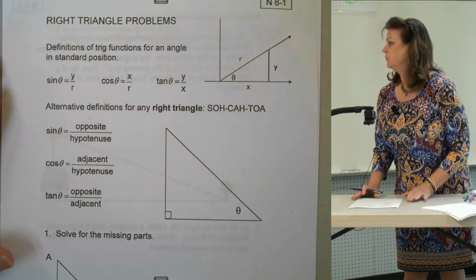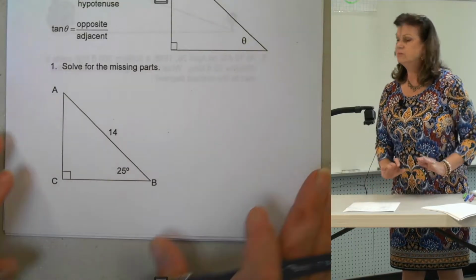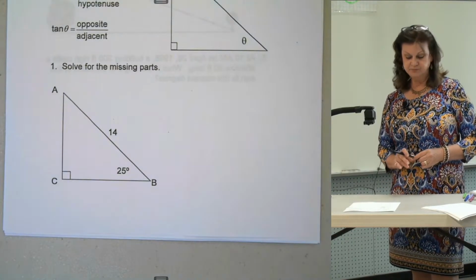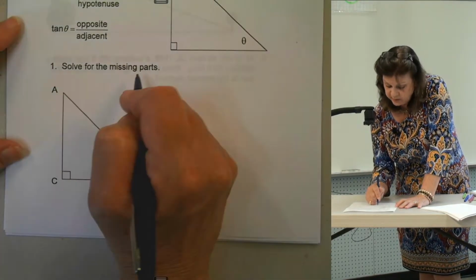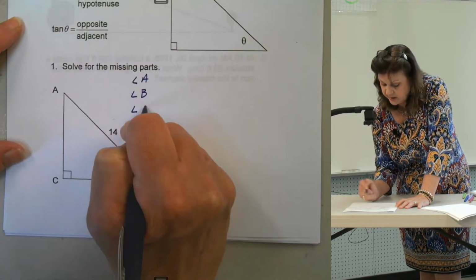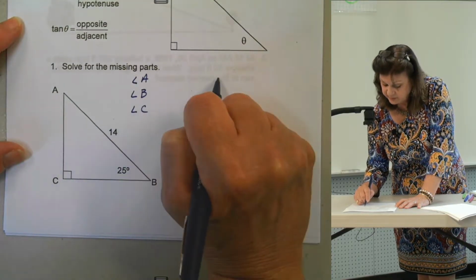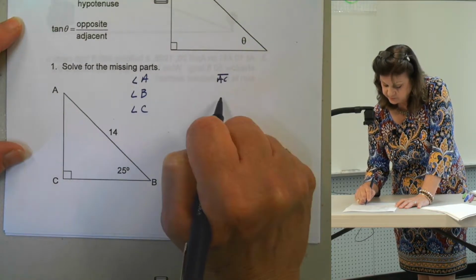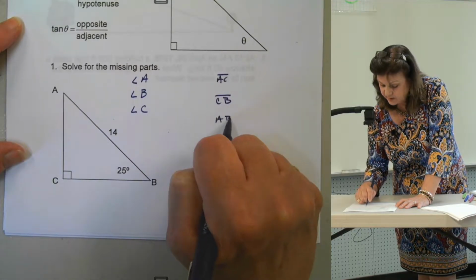So here's what we know. We can solve right triangle problems just by having a little bit of information about the triangle. So as we're looking at this triangle here, we are looking for angle A, angle B, angle C. We're looking for segment AC, CB, and AB.